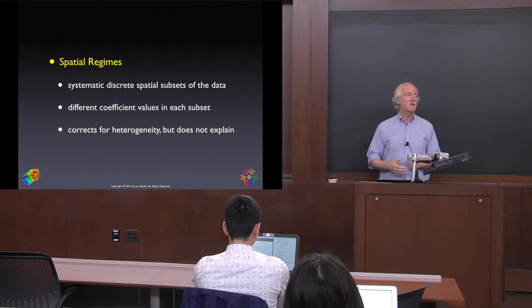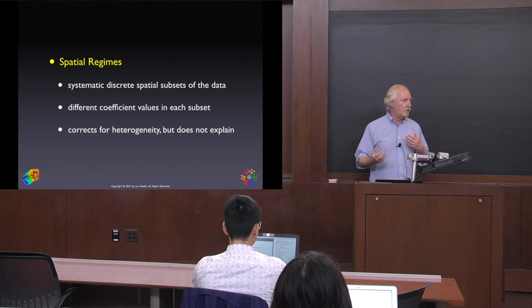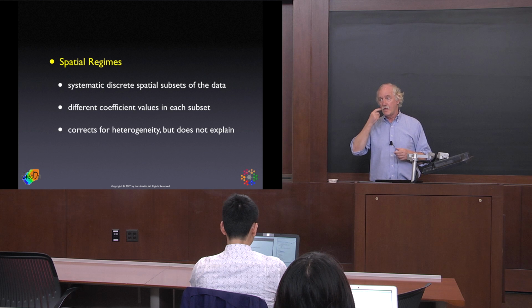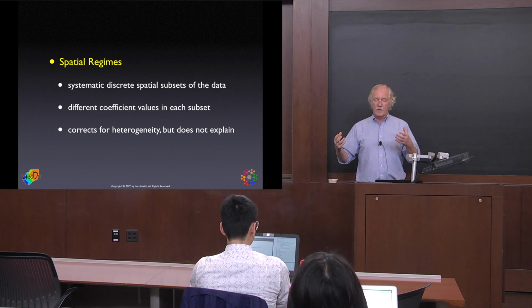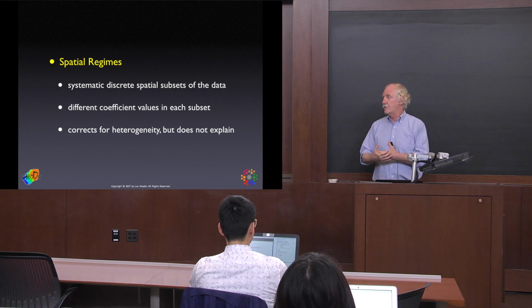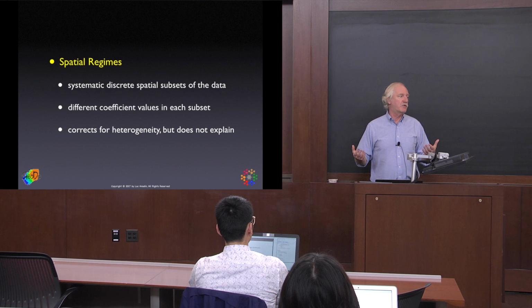Why? That's not addressed. So these models for regimes and for discrete spatial heterogeneity fix the problem in the sense that if you have different distributions, it doesn't mix them together. That's the problem, say, if you have a bimodal distribution, right?